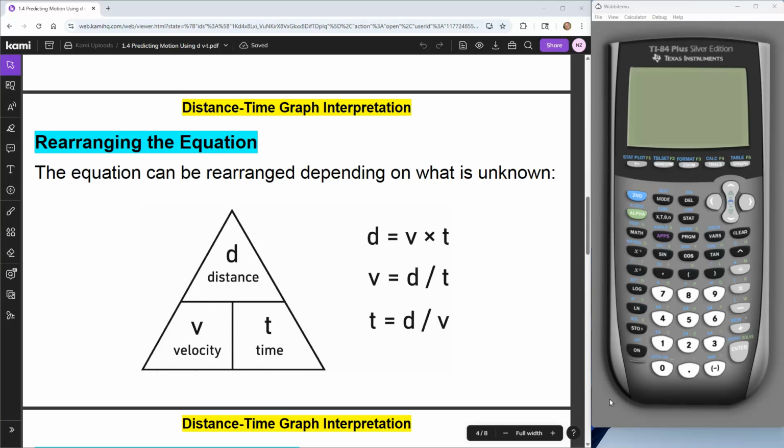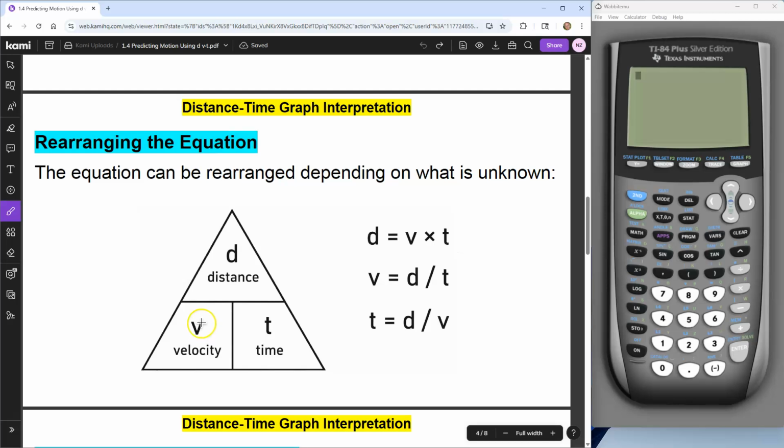So this is an easy way to remember how to rearrange the equation depending on what you are solving for. If I was solving for distance, I would cover that up on my triangle and I would just be left with velocity times time.